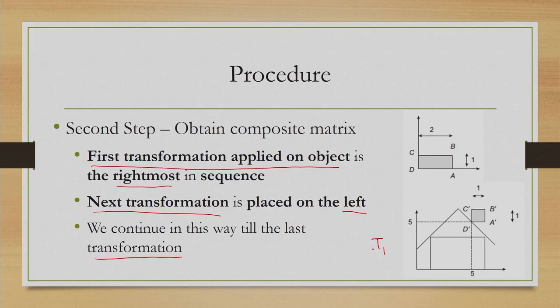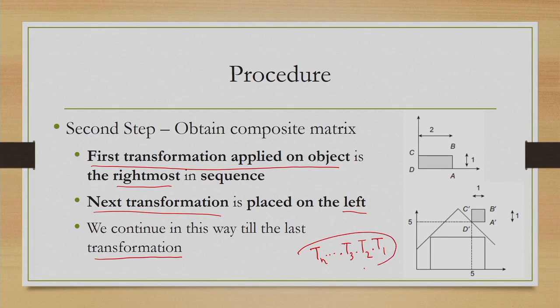Now, suppose we require another transformation, which is T2, then T2 will come on the left side of T1. If there is one more transformation to be applied, say T3, then it comes left of T2 and so on till we reach the final transformation, say Tn.